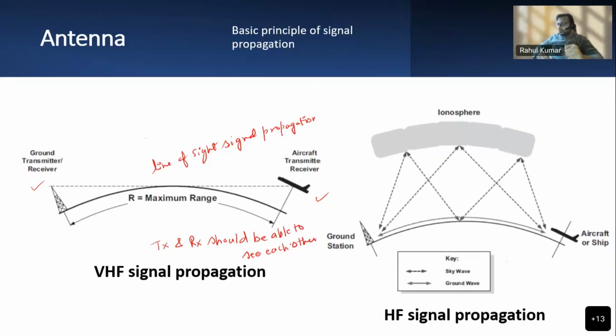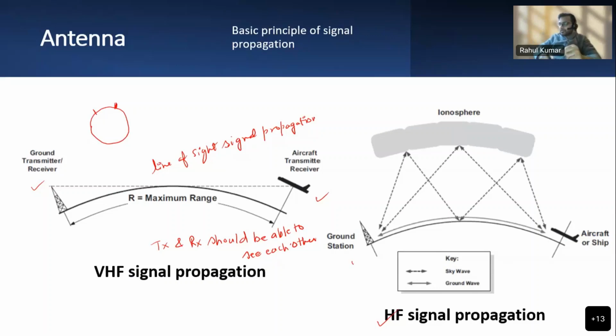Whereas in an HF communication system, you can transmit the signal across the horizon. We all know that the earth has some curvature. For line of sight communication, they should not be beyond the curvature of the earth.